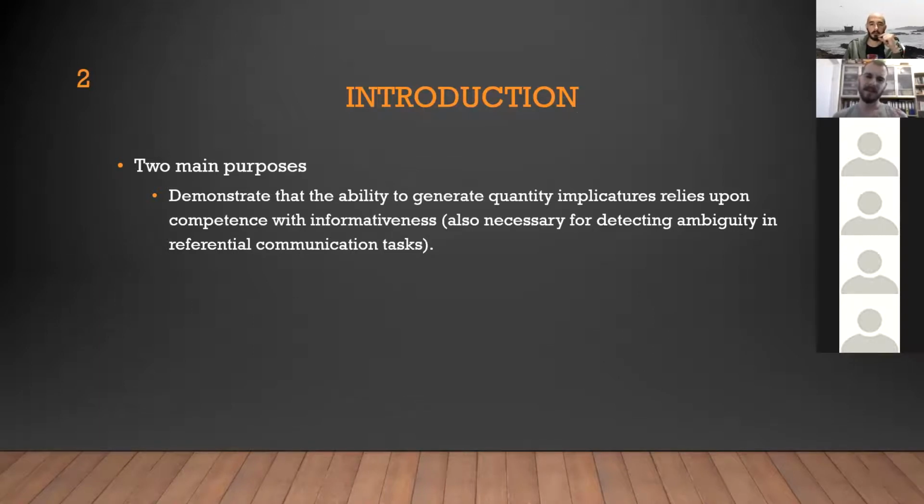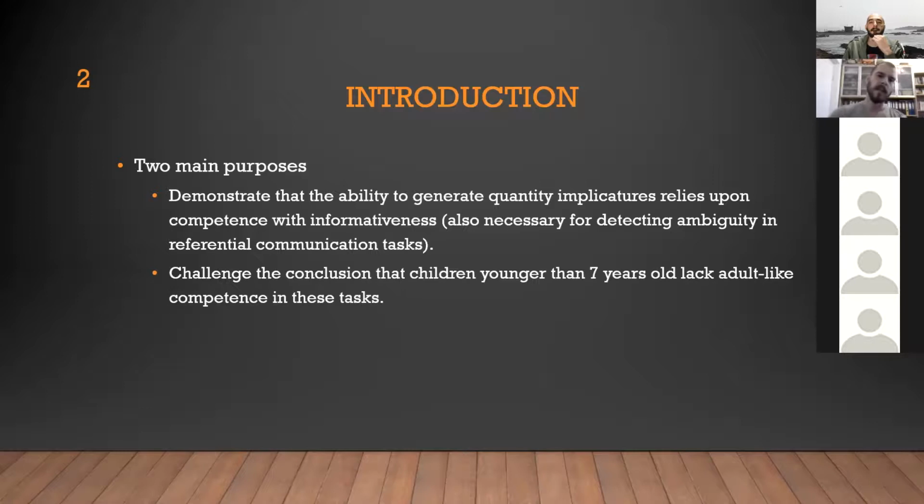And also, this competence with informativeness is necessary for detecting ambiguity in referential communication tests. Later, I will give you an example about referential communication tests. The other purpose they had in this paper was to challenge the conclusion that children younger than 7 years old lack adult-like competence in their tasks.